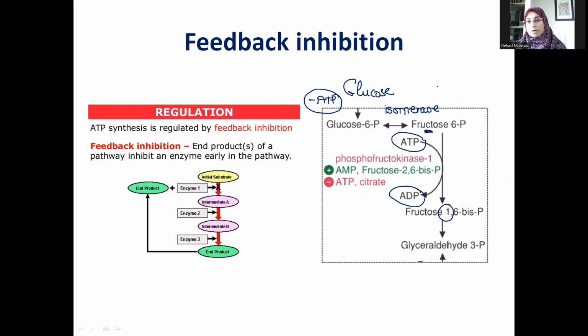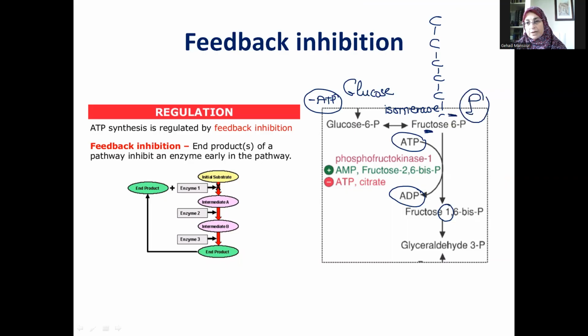This simply means that the two phosphate radicals, the first one was attached to the 6th carbon atom of fructose, and the second is attached to the 1st carbon atom. If these are the 6 carbon atoms of fructose, then fructose 6-phosphate looks like this.